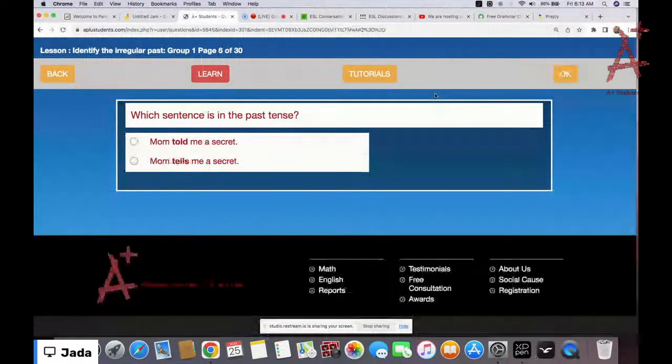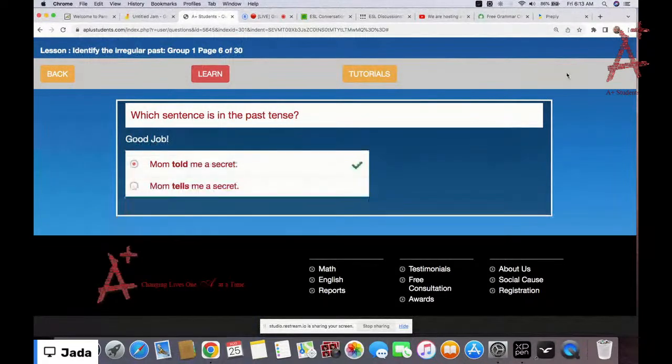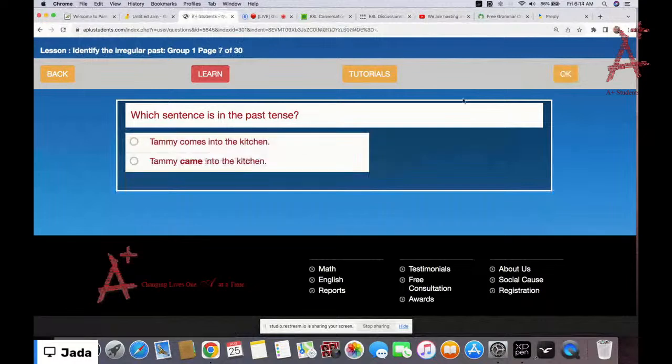My mother told me a secret. My mother tells me a secret. So tells is the present, told is the past. Tammy comes into the kitchen. Tammy came into the kitchen. So comes is the present and came is the past.